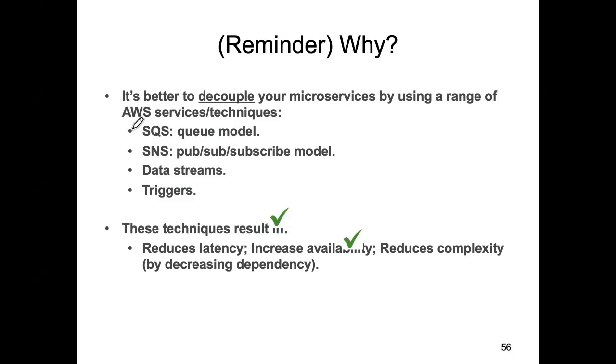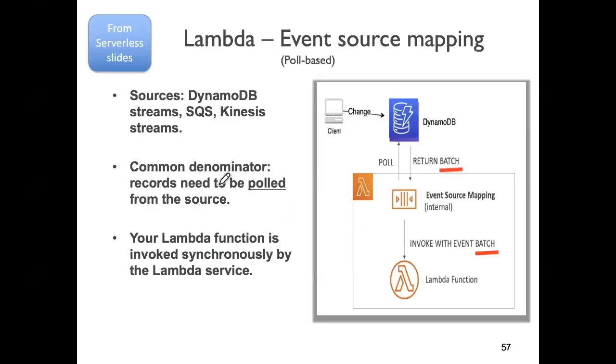Now, that's fine. We've talked about those at length. There's another part to this decoupling or event-driven architecture, which is to do with data streams. And I just want to briefly talk about that. This slide is also a slide that we saw way back when I started talking about lambdas from day one.